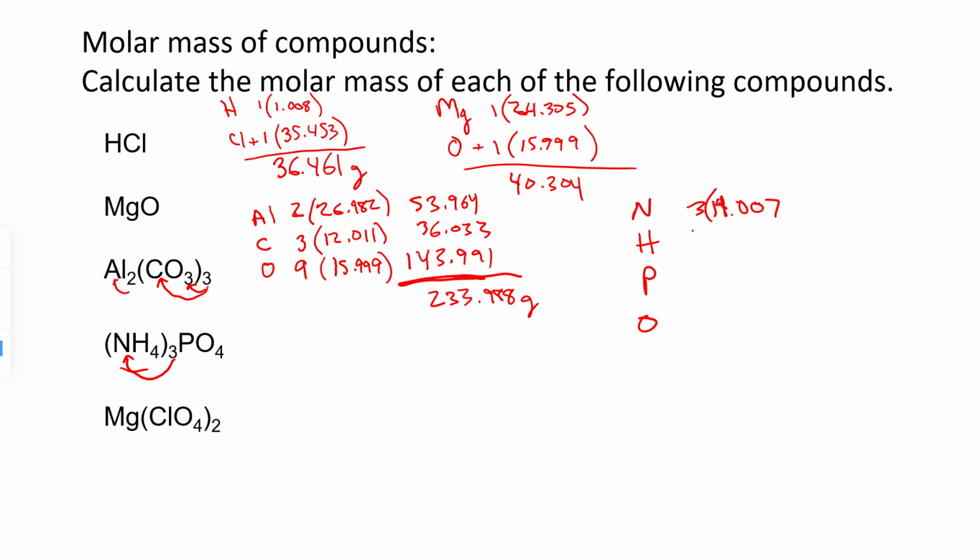Hydrogen, we have 3 times 4 is 12, and hydrogen is 1.008. Phosphorus, we only have 1 phosphorus because there's no parentheses over there, and phosphorus is 30.974. And we have 4 oxygen.